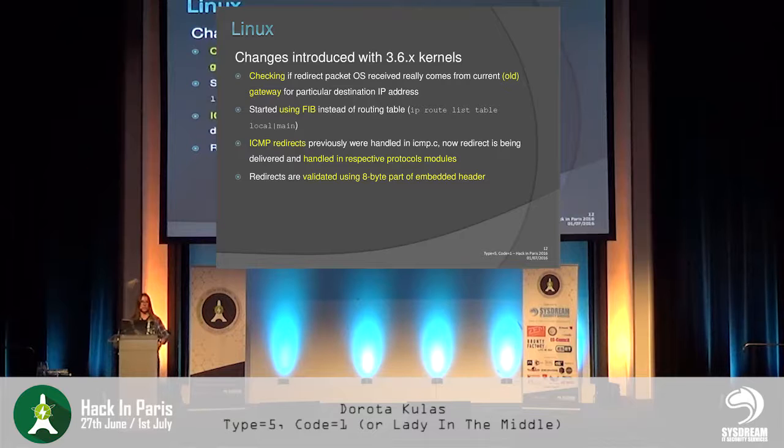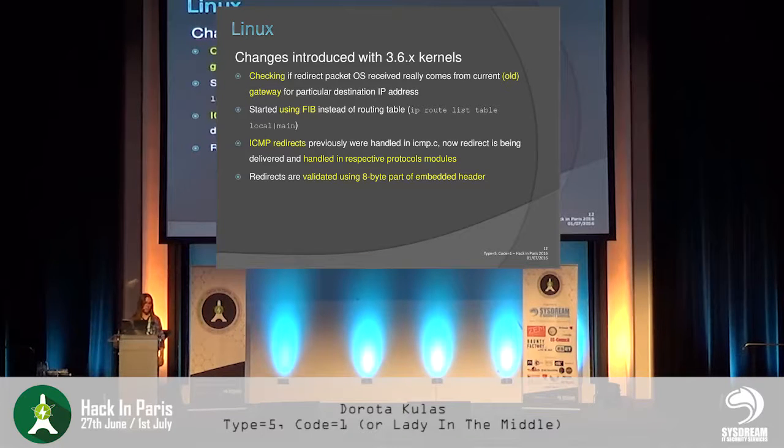This was done for performance reasons, but it also means the packet has to go through the proper network interface. So if you have a multi-homed machine, it won't work to send this ICMP redirect packet through a different interface than the one that is proper for this communication.